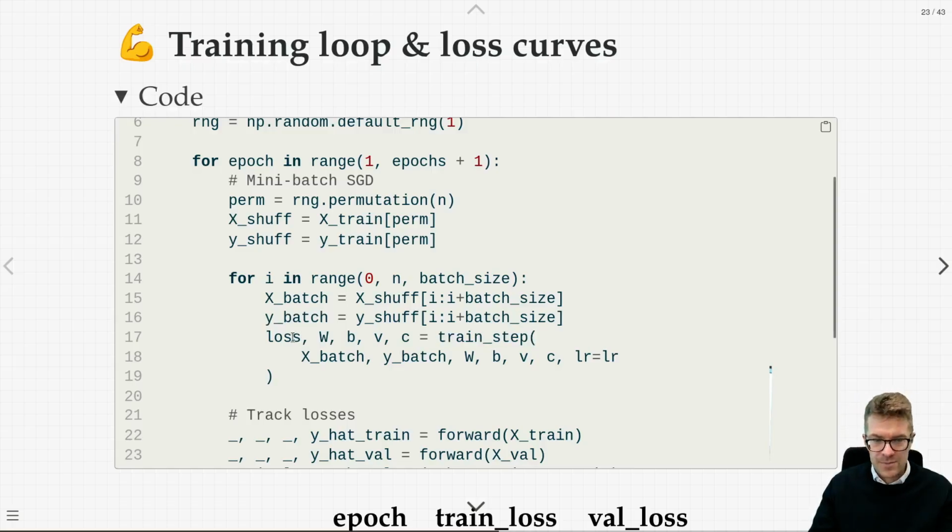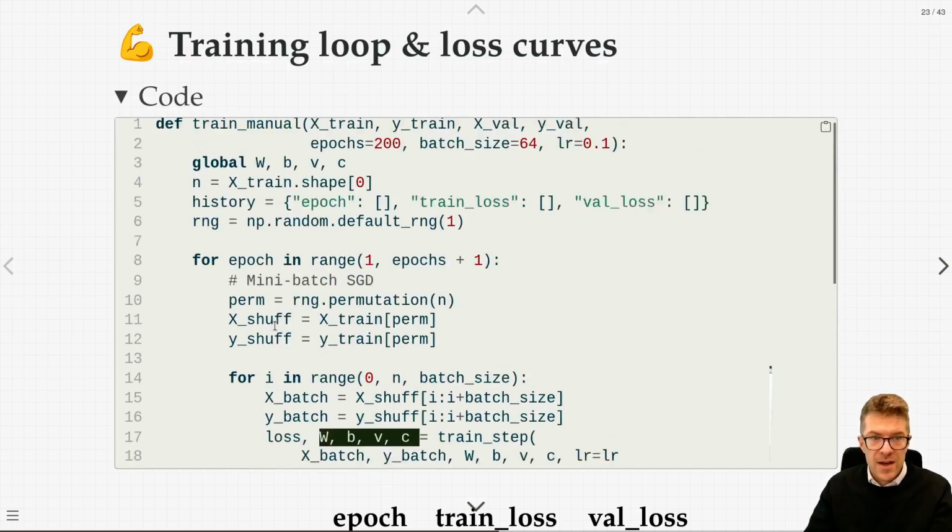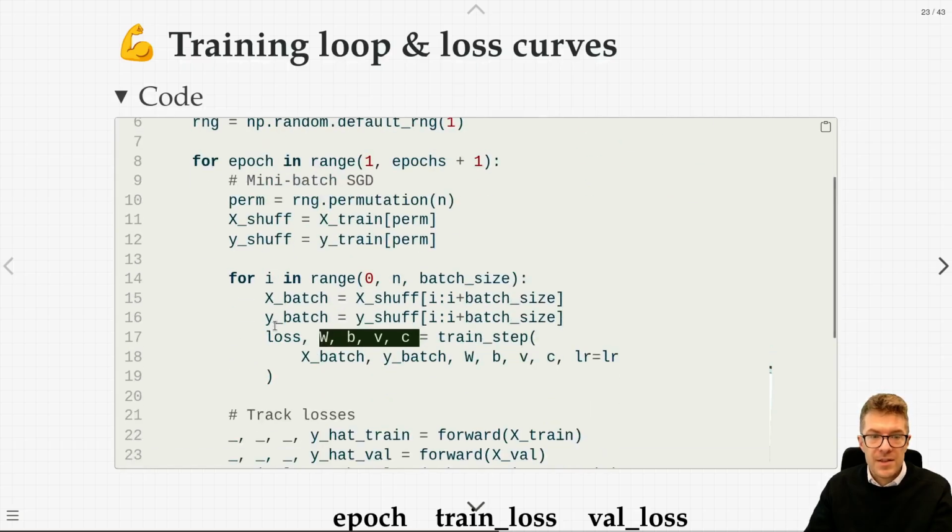This will give us a loss on that batch, and new weights, biases, and so on. And that's it. And we keep on going through all of our epochs, and that's essentially it.